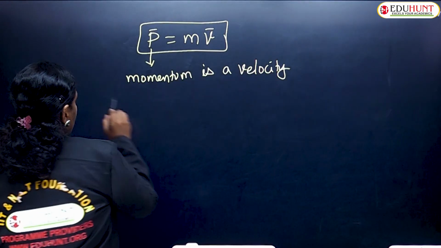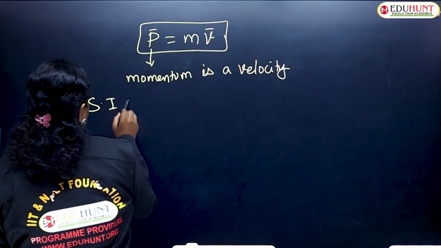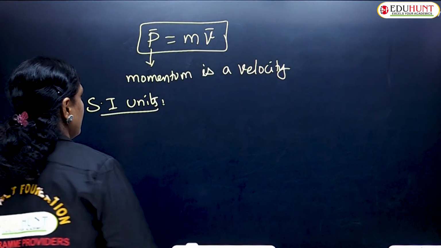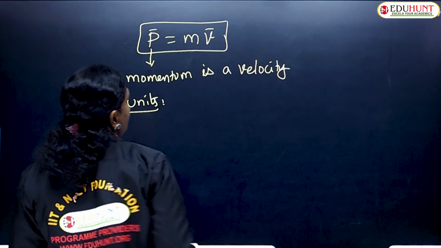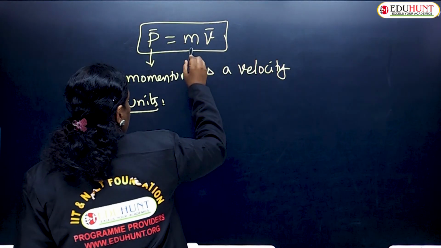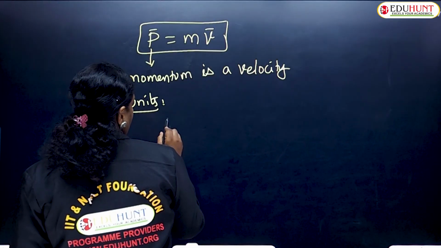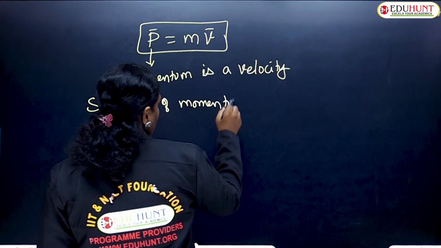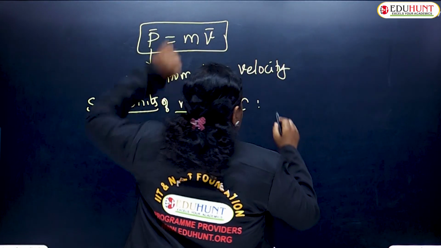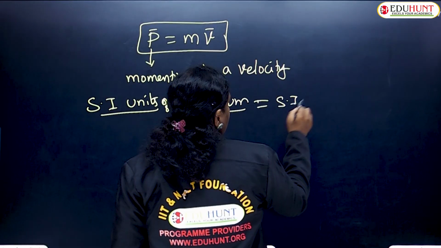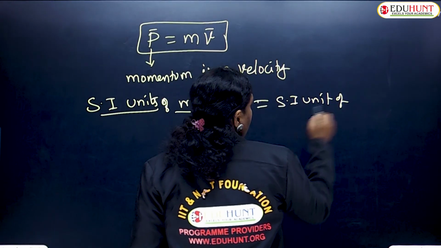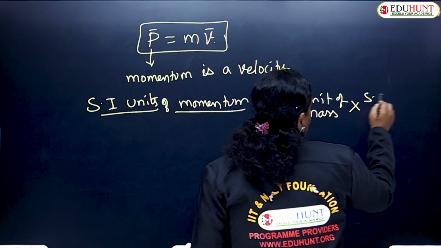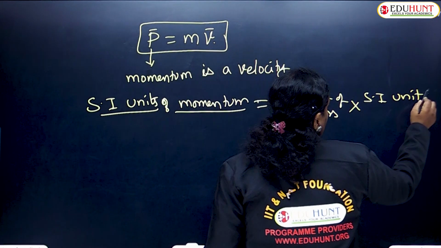So children, coming to the SI units of momentum. The formula for momentum is mass into velocity. What is the SI unit of mass, children? The SI unit of momentum is the product of the two factors: SI unit of mass multiplied by SI unit of velocity.